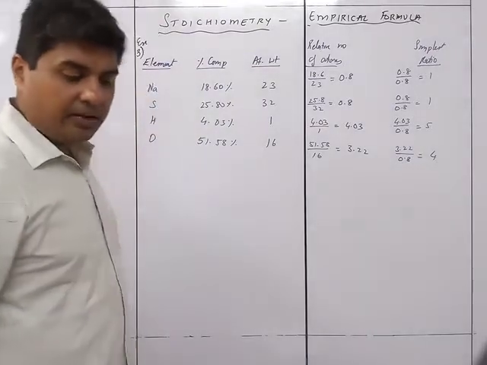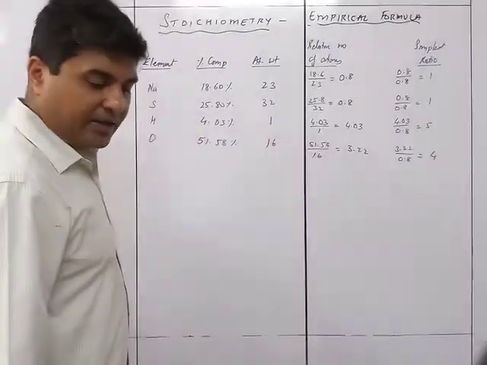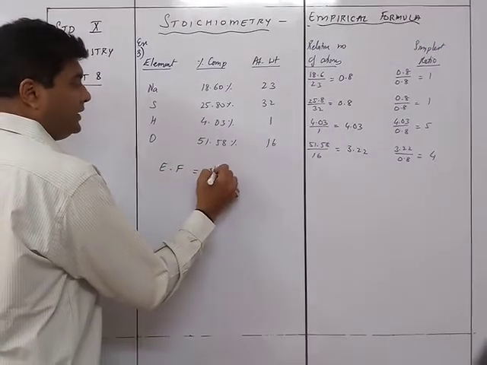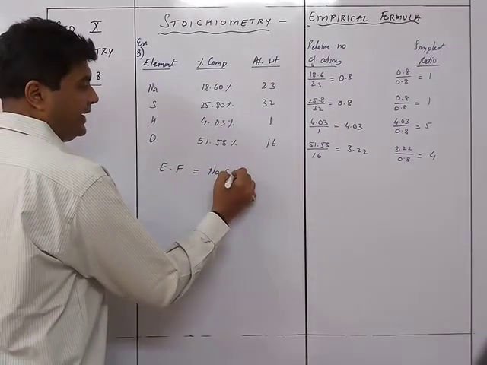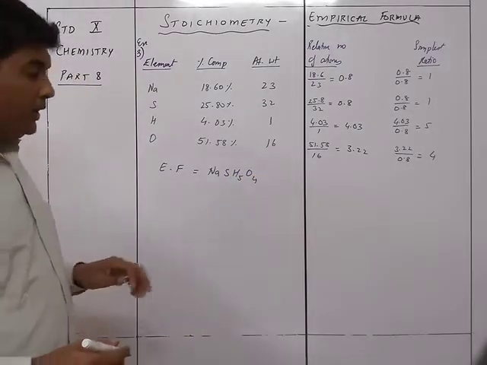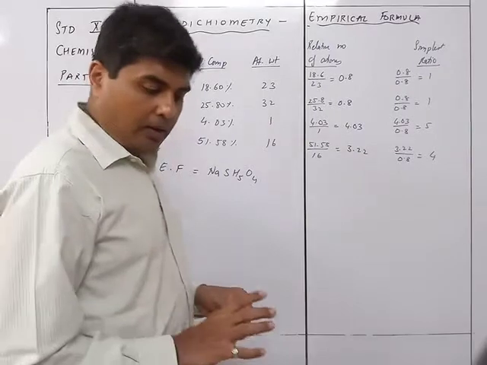These are the values over here. Accordingly, we can see that the empirical formula will be NaSH5O4.